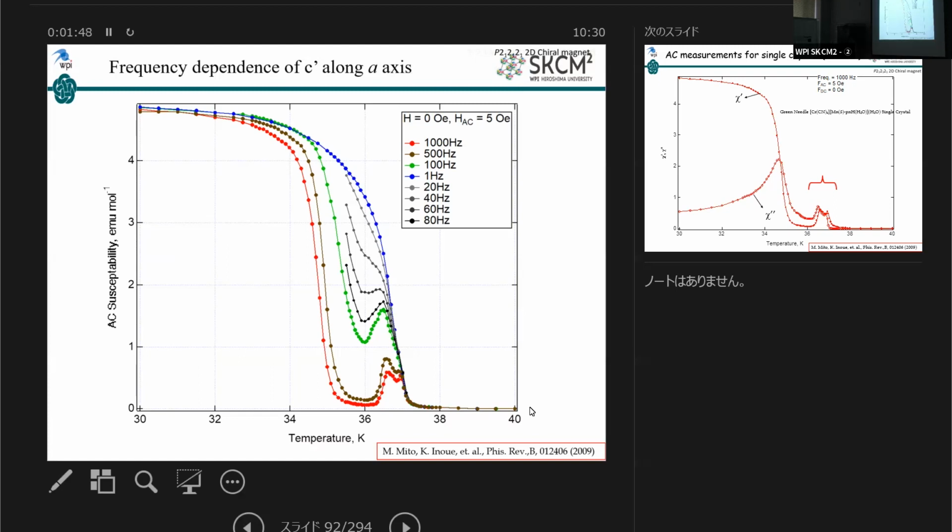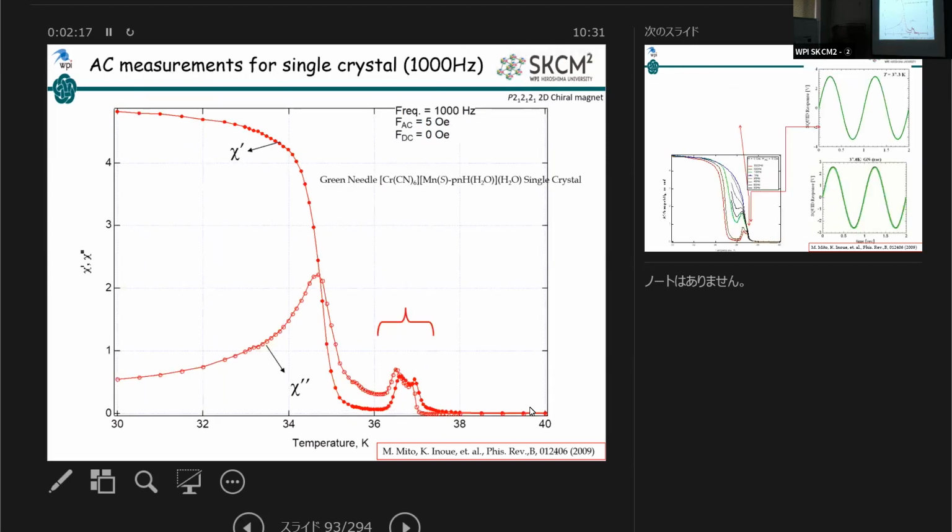If a higher frequency goes to a lower TC, it is not dynamics. Dynamics should be a higher frequency going to a higher temperature. But here, if we apply a higher frequency, the temperature decreases. So this is not observing the spin dynamics.